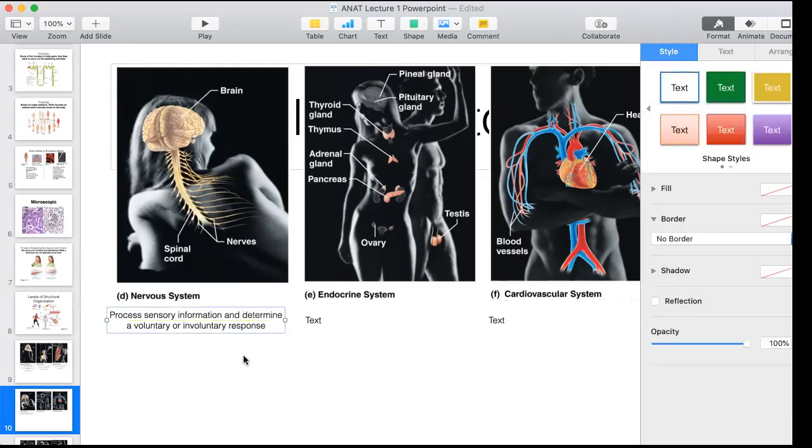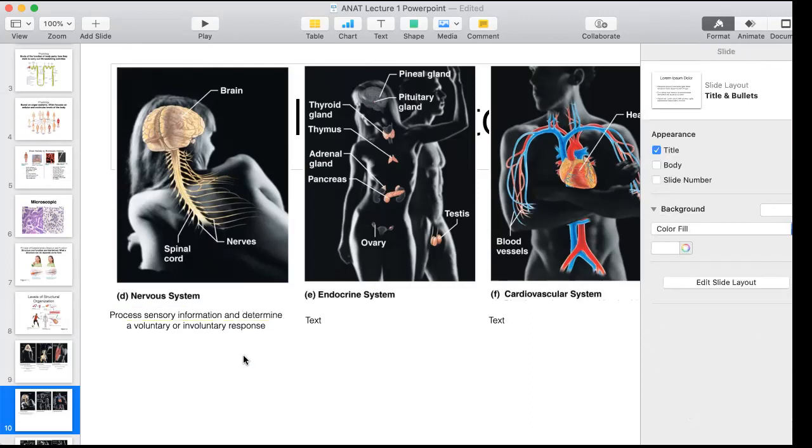So to give you an example, we have different sensory organs in our body. Our eyes see, our ears hear, our tongue tastes, our nose smells, and our integument feels.